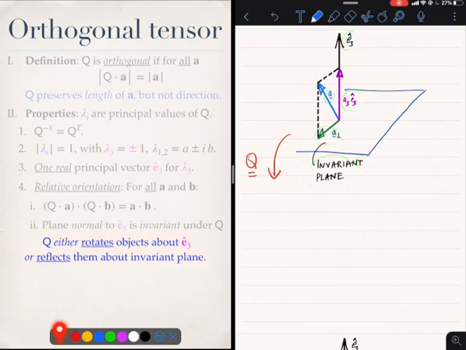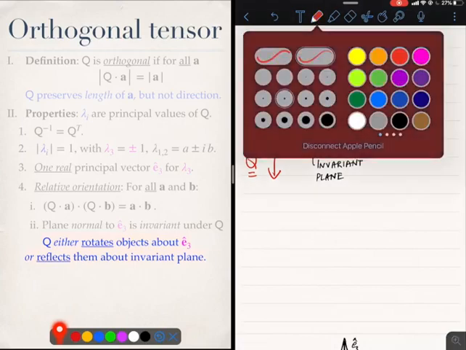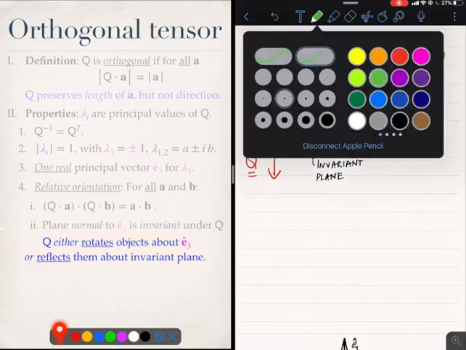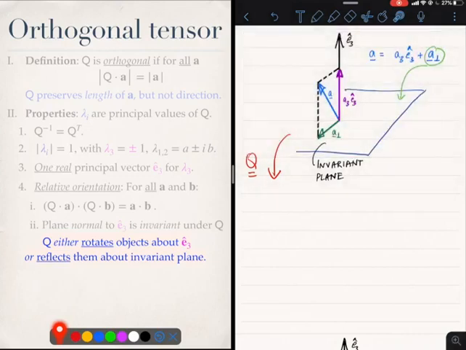So we can write down that A is A3 E3 plus A perp, and this A perp lies inside the invariant plane. And we ask ourselves the question, what happens to A when Q operates on it?